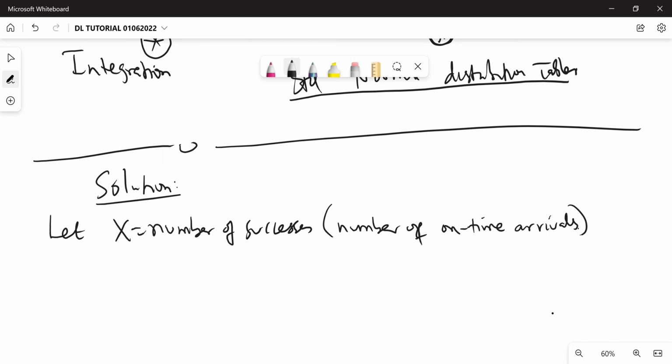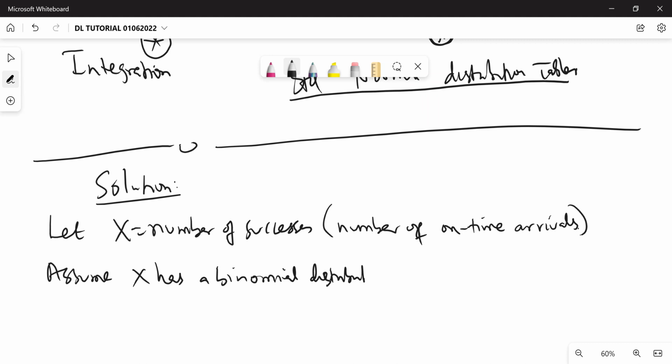On time is the opposite of late. So we are taught to assume that x follows a binomial distribution.